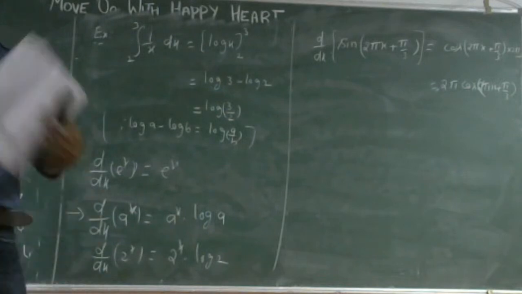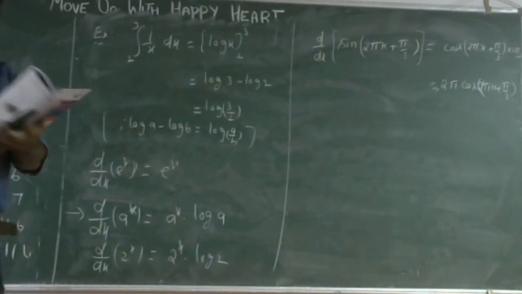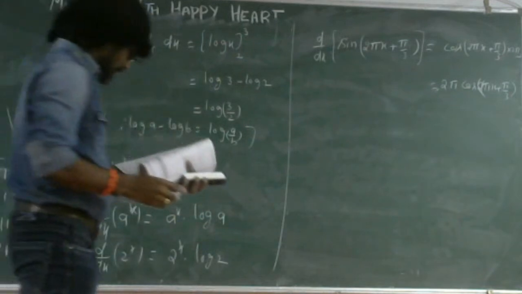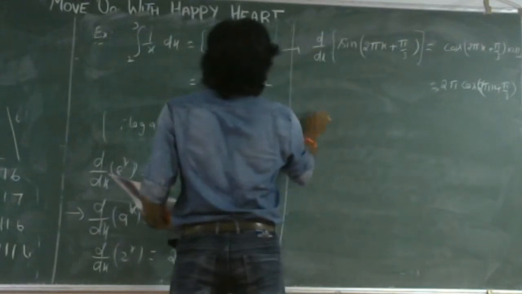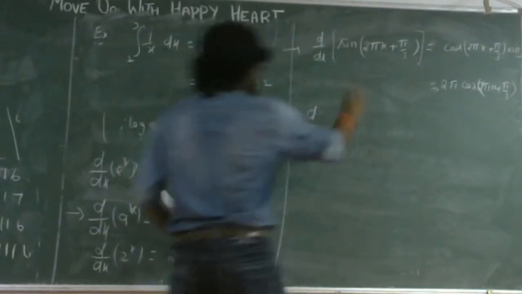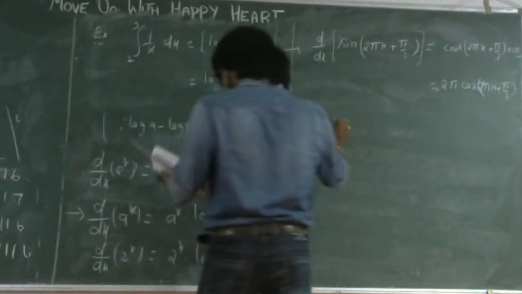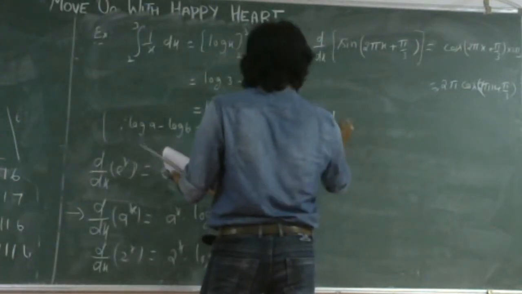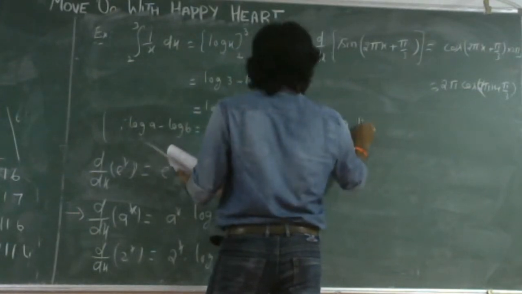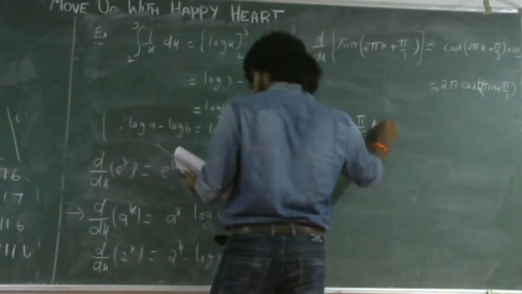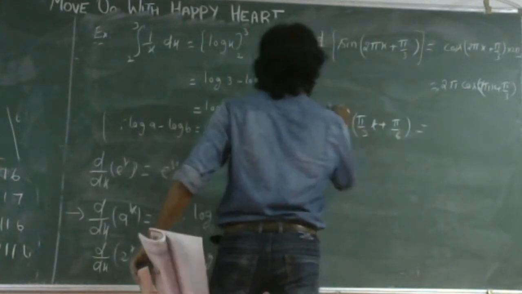Next, another question similar to this. Take down. d by dt, here the variable is t, of tan(pi by 2 t plus pi by 6) is equal to what?